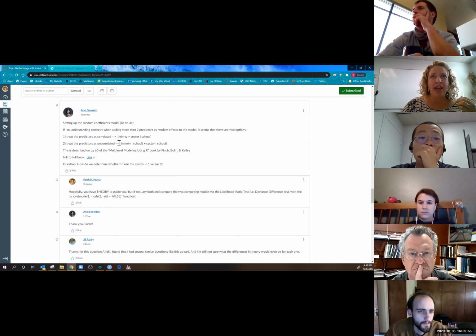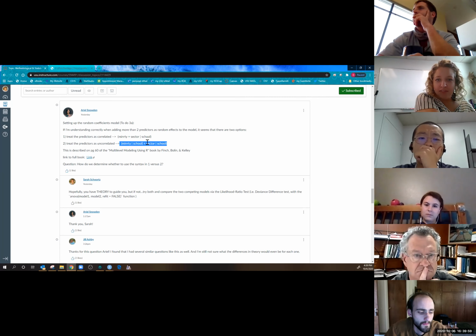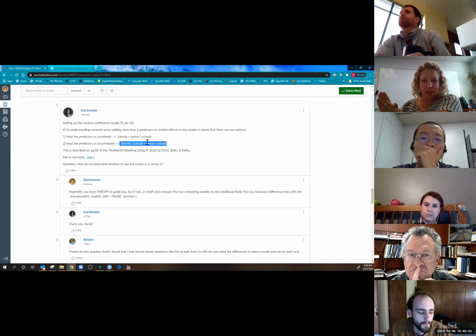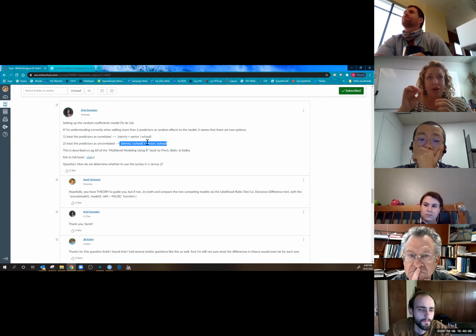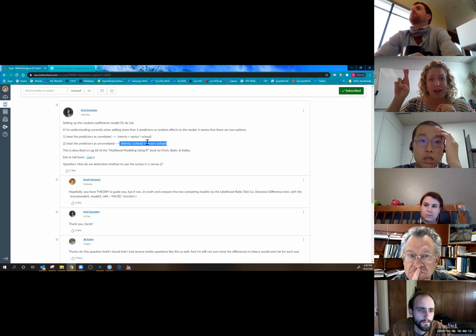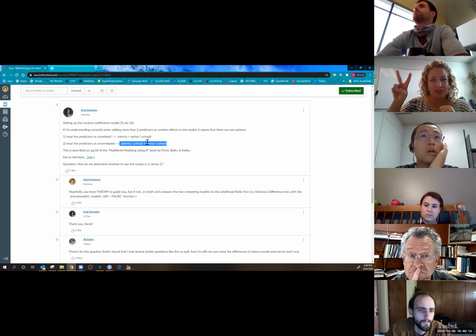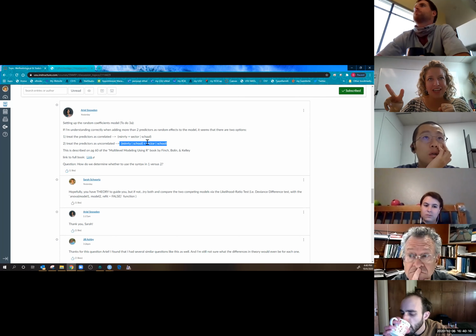The second way, and there should be another parentheses, I think right there, have minority have a random slope and sector have a random slope, but they are not correlated with each other. These are two different ways to have two random slopes. The first way lets the random slopes be correlated. The second way has the random slopes being uncorrelated.